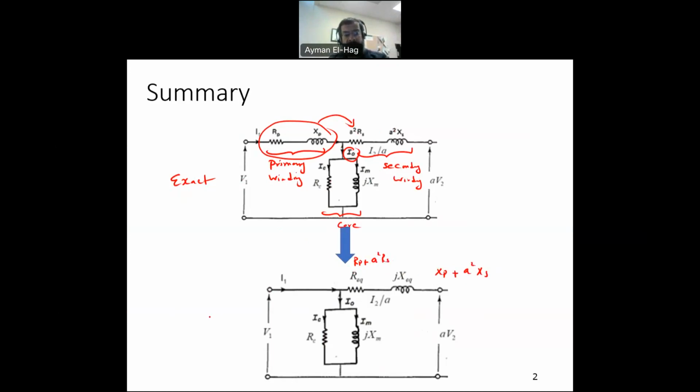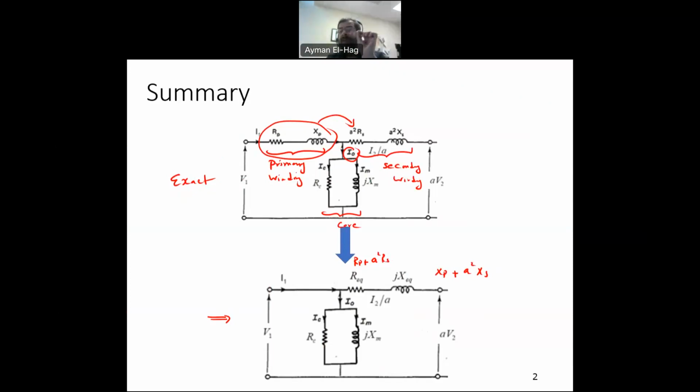Now, one thing we mentioned here, another justification other than that the current is very small and the error from moving the core from one point to another will not affect, but it will reduce the calculations a little bit.